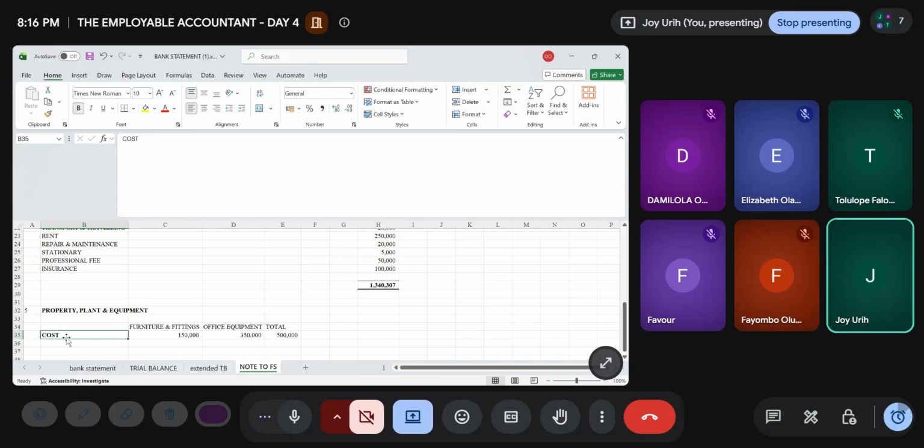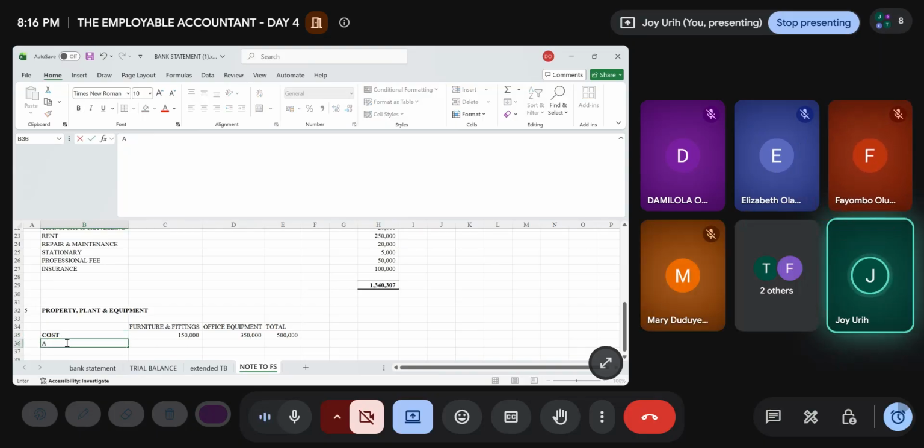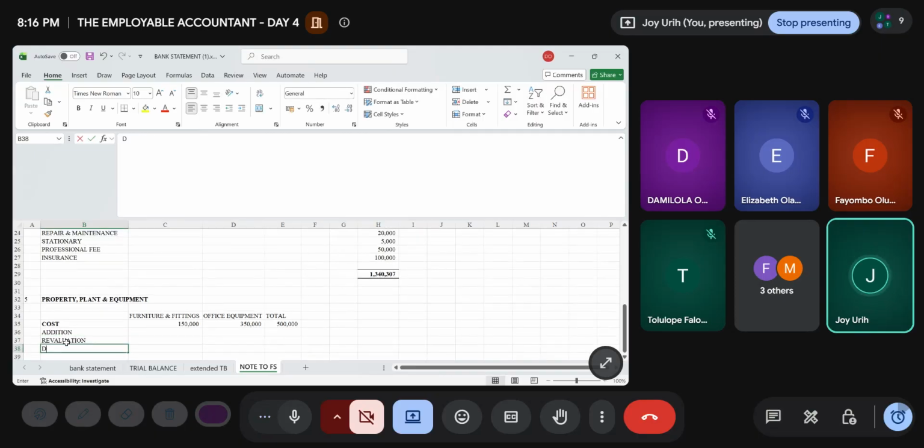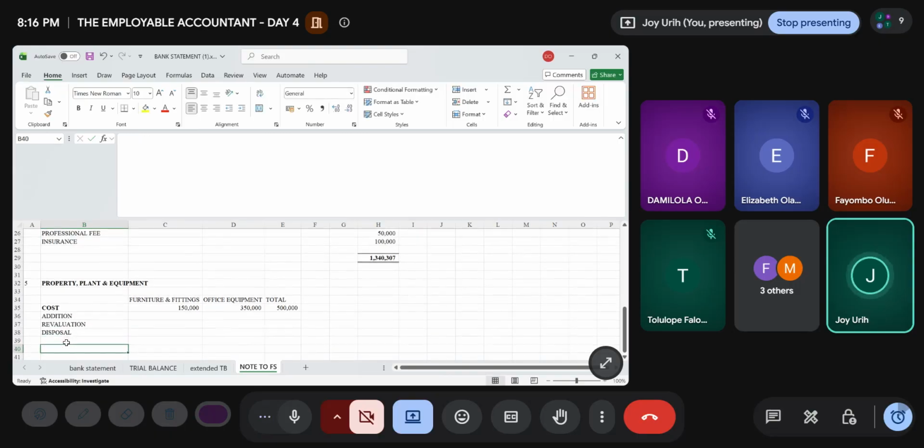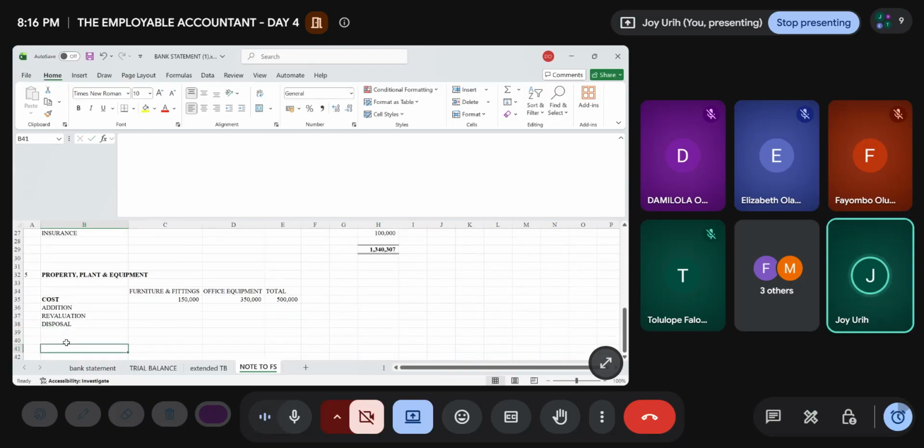So we have cost at the beginning, addition, revaluation if there's any, and disposal. So this is a segment. The next segment is our accumulated depreciation.